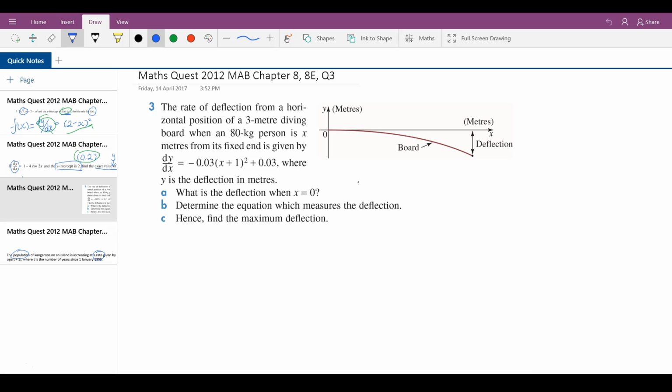So this whole diving board is 3 meters long. Let's just draw something on there. So that is 3 meters long. It says when an 80-kilogram buff guy is standing on it, it causes that amount of deflection.